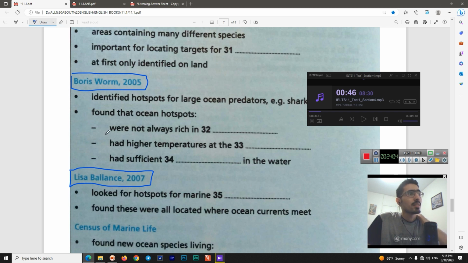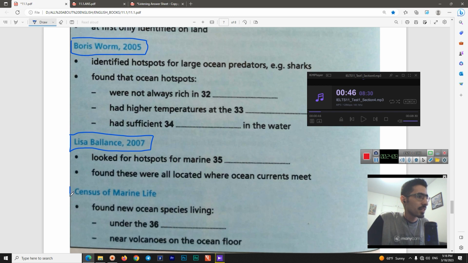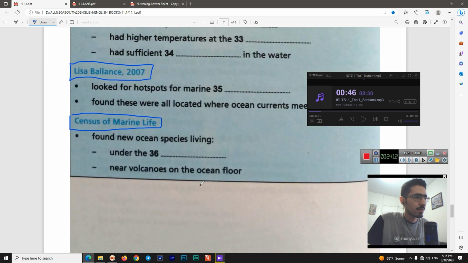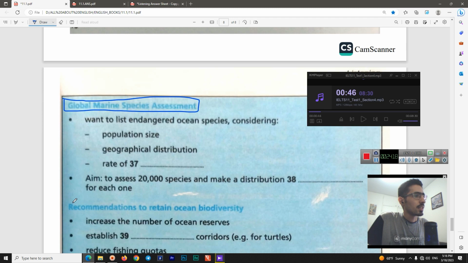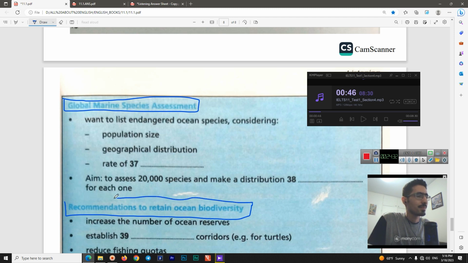Sections are important because that's how you can track the audio file. Next one is census of marine life. Next one is global marine species assessment. The last one is recommendations to retain ocean biodiversity.